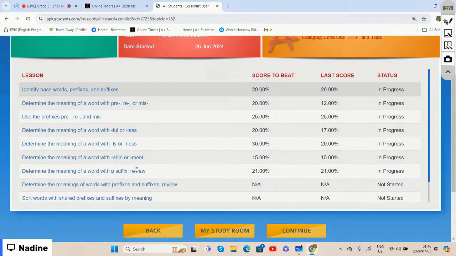And then we went over the review of what a suffix is. We went over the meanings of words with ly, words with ness, words with less, words with full, right? And remember, a suffix is a word part that is added at the end of a base word. A base word is a word that can stand on its own.